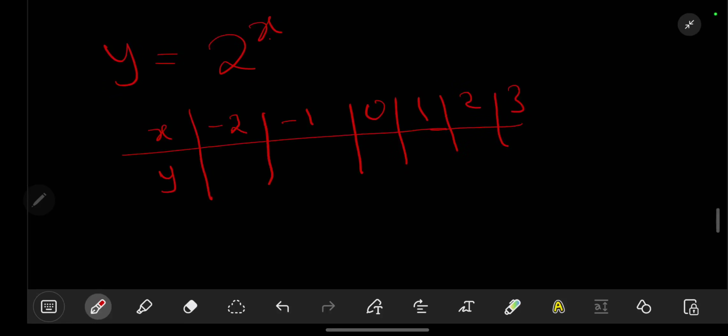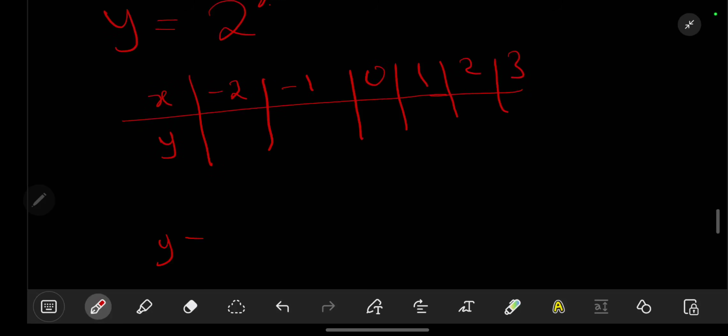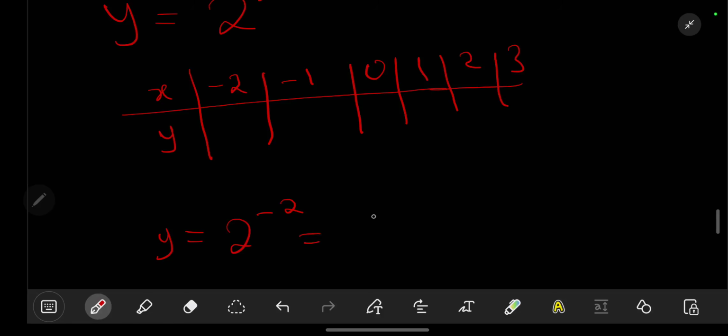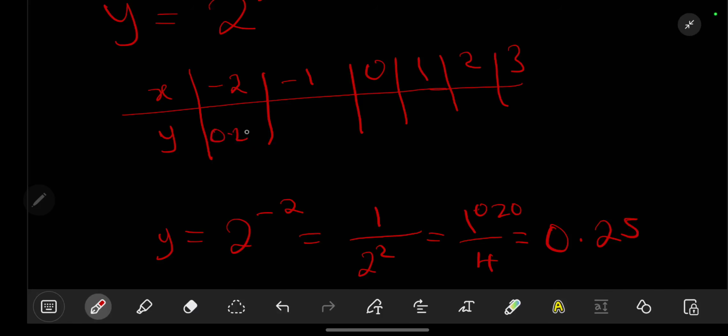If you put -2 where x is, you're going to have y equal to 2 raised to the power -2, which is the same as 1 over 2 to the power 2, which is 1 over 4. 10 divided by 4 is 2, the remainder is 2, we add a 0, 20 divided by 4 is 5. So this will give us 0.25.